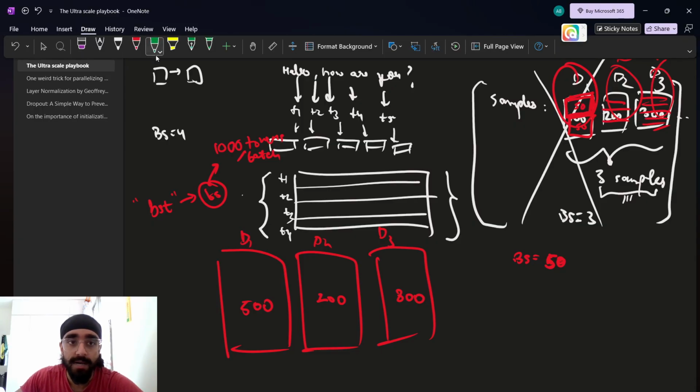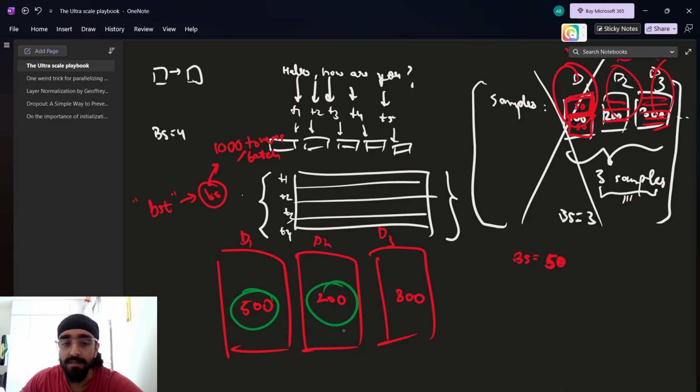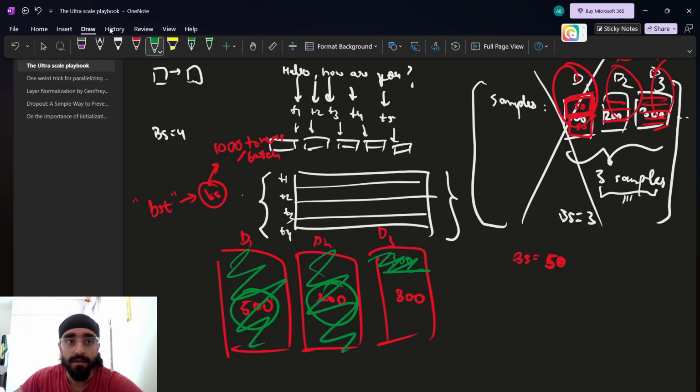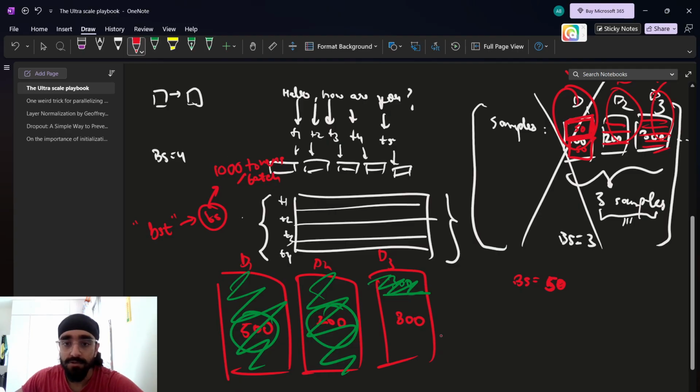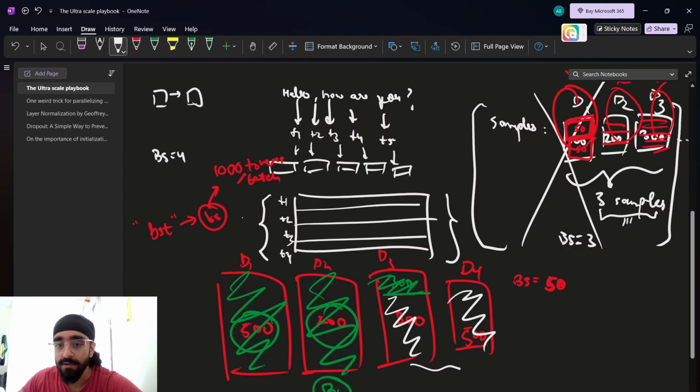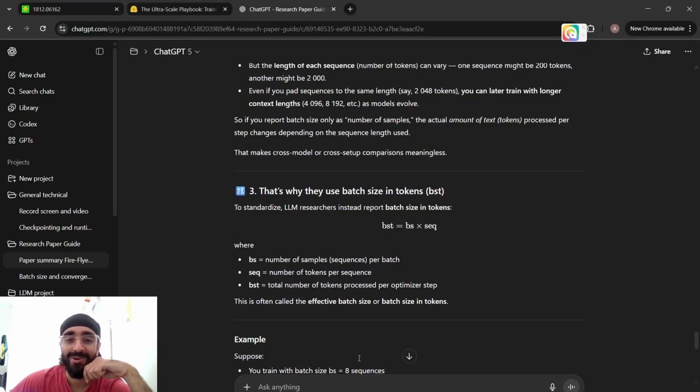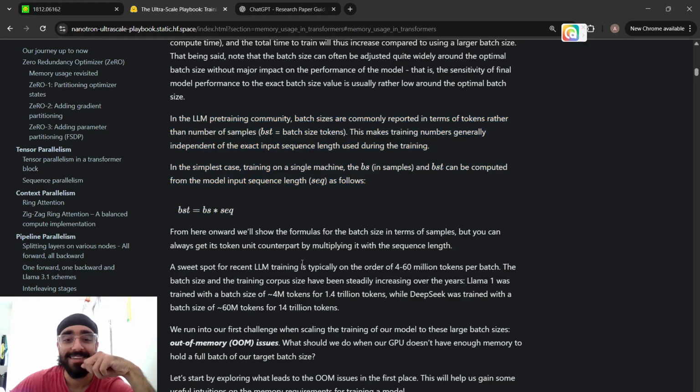So in a single batch, these 500 tokens plus these 200 tokens plus 300 tokens from here, these would form batch 1. And let's say there's also document 4 with, I don't know, 500 tokens. This would form batch 1, like the green is all batch 1 tokens, and batch 2 tokens will get 500 from here and 500 from here. So this is batch 2 tokens. This is simple. I don't know why they complicated it so much.